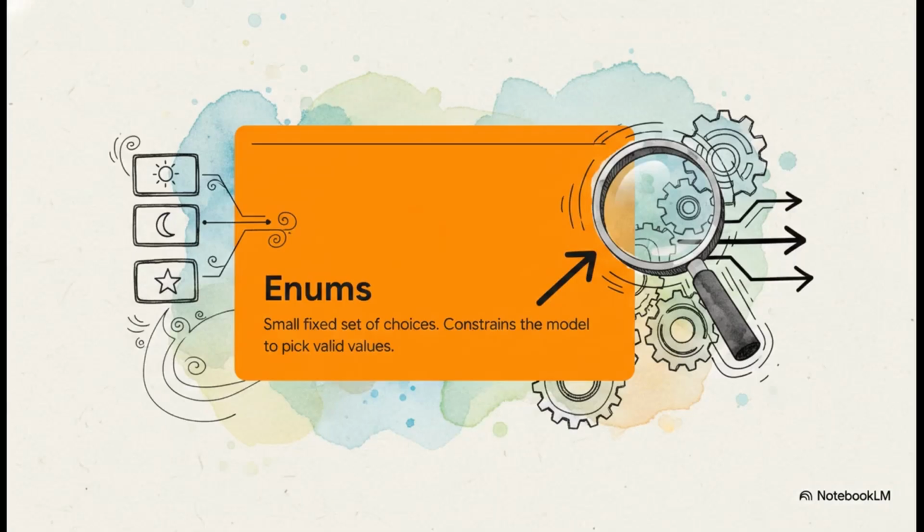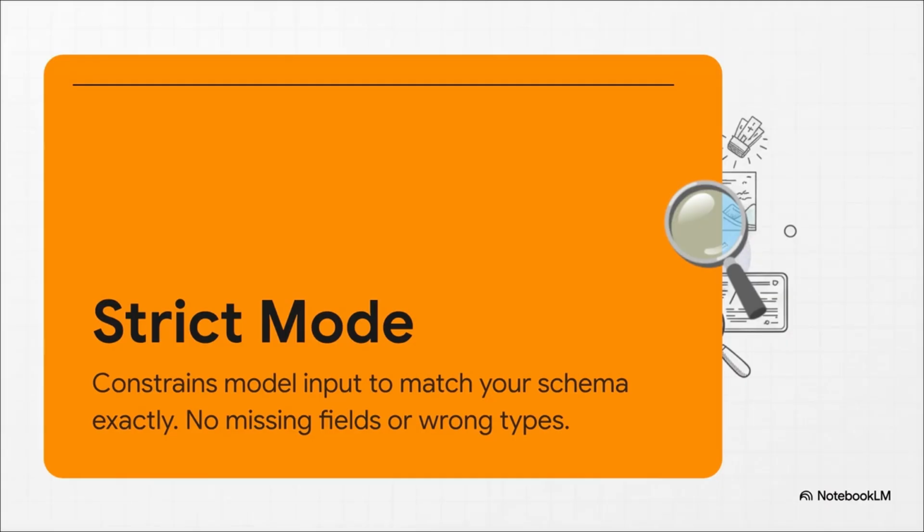All right, beyond just descriptions, there are 2 more technical constraints worth getting right. First up, enums. Whenever a parameter has a fixed set of valid values, just use an enum. This instantly constrains the model to pick one of your valid options. Boom, you've just removed an entire class of wrong inputs before they even reach your code. Second is strict mode. Anthropic's API actually supports strict mode on tool definitions.